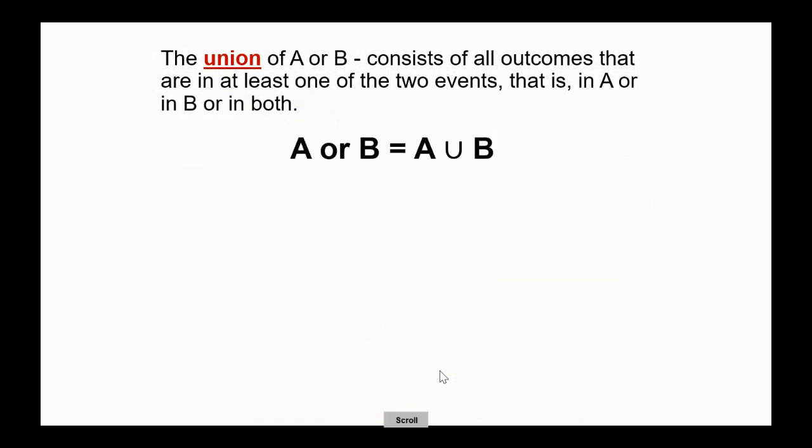We note the union using this U-looking symbol. Technically, this is called a cup. That's the technical name for that symbol, but we read it as union. So A union B.